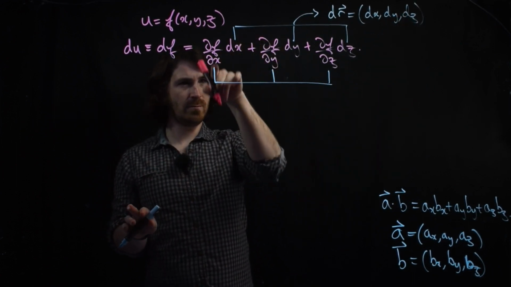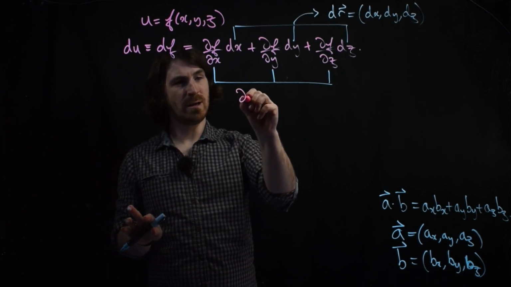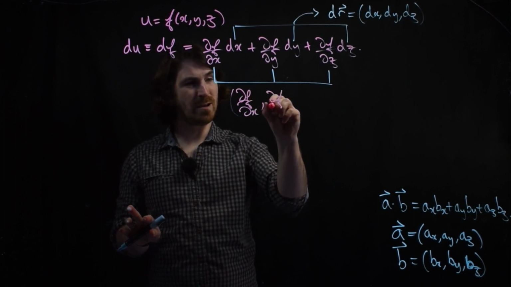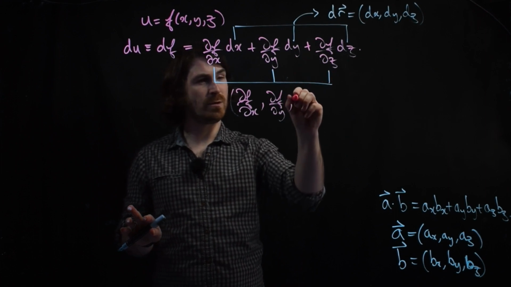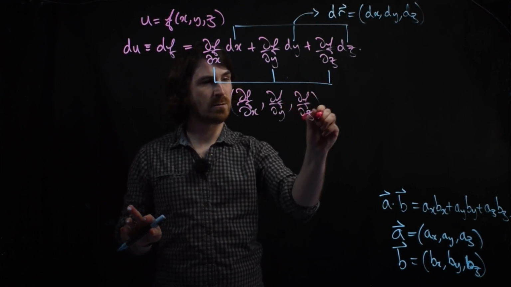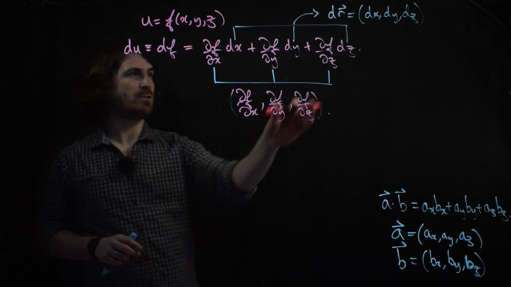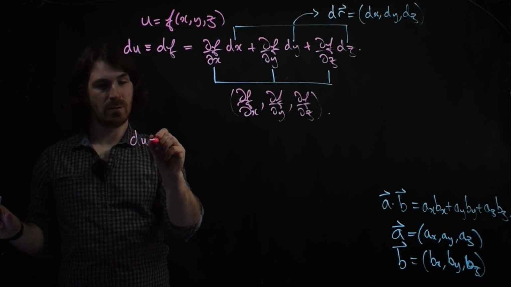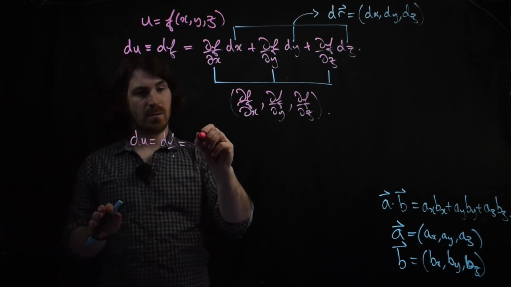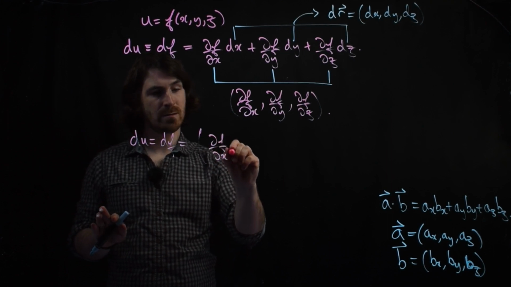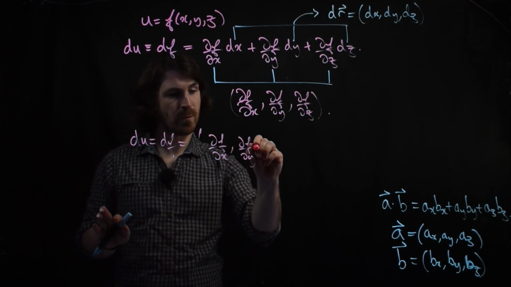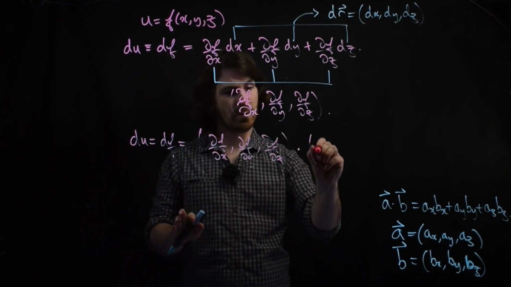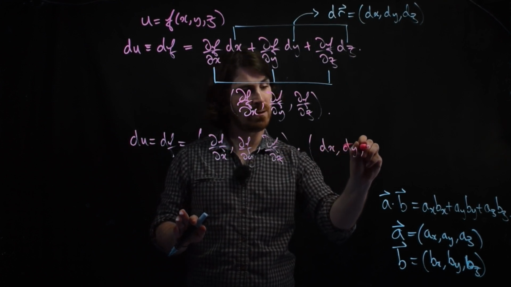And this is a different vector with components df by dx in the x component, the y component is df by dy, and the z component is df by dz. Defining these two vectors allows you to write du as df by dx, df by dy, partial derivatives, df by dz, dotted with dx, dy, dz.